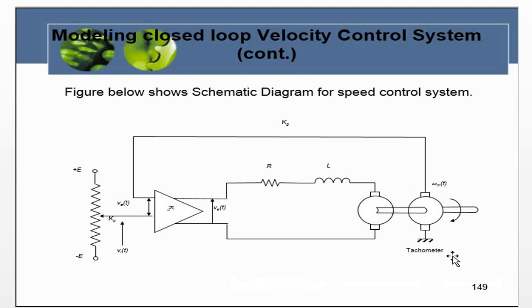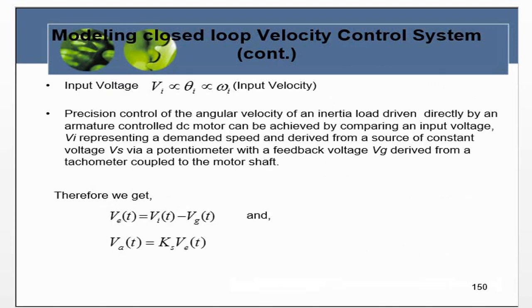And now we use a tachometer to measure the speed. Input voltage Vi is proportional to θi, proportional to ωi, the input velocity.